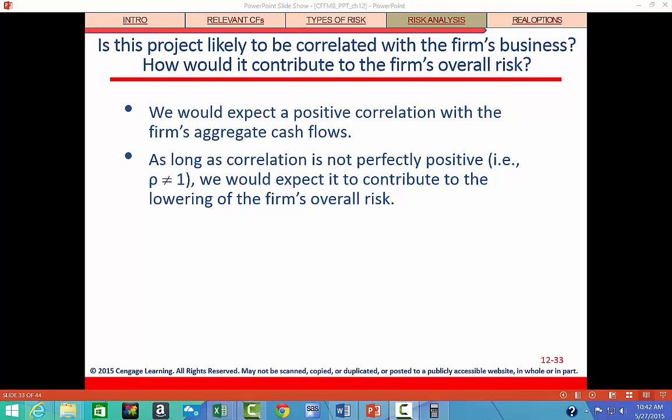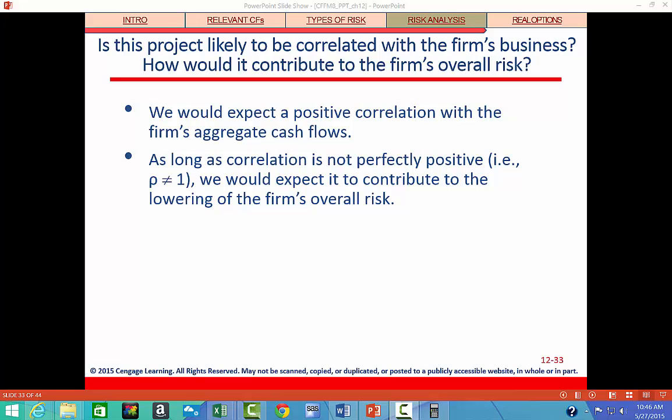So there would be a positive correlation between this project and the rest of the business. However, each product line could be more or less successful, so the correlation would be less than +1, or a perfect positive correlation. A reasonable guess might be +0.7, or within a range of +0.5 to +0.9.